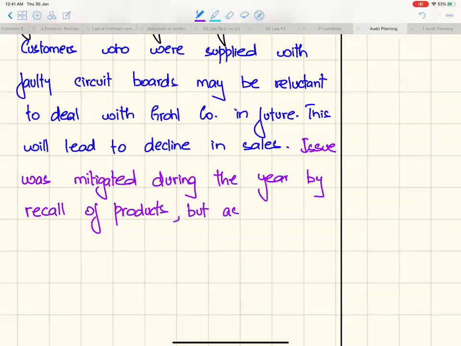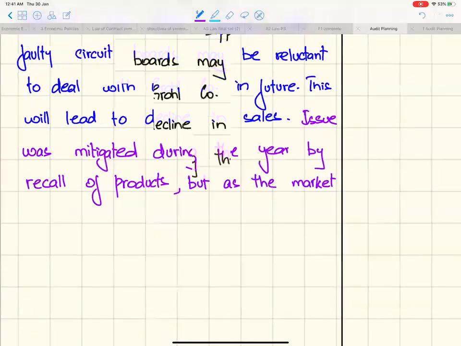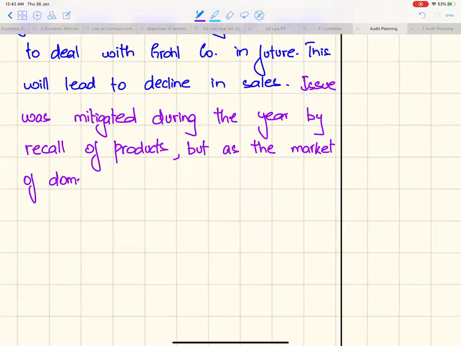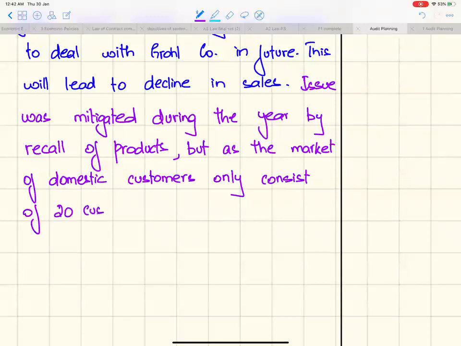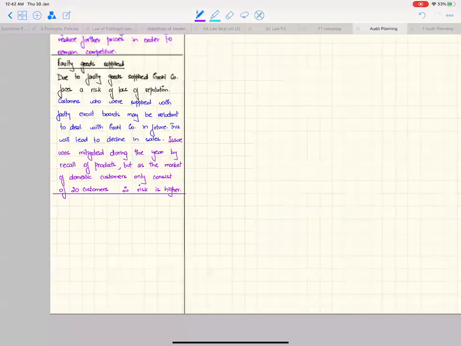But as the market of domestic customers only consists of 20 customers, therefore risk is higher. Now see how I have written the risk.